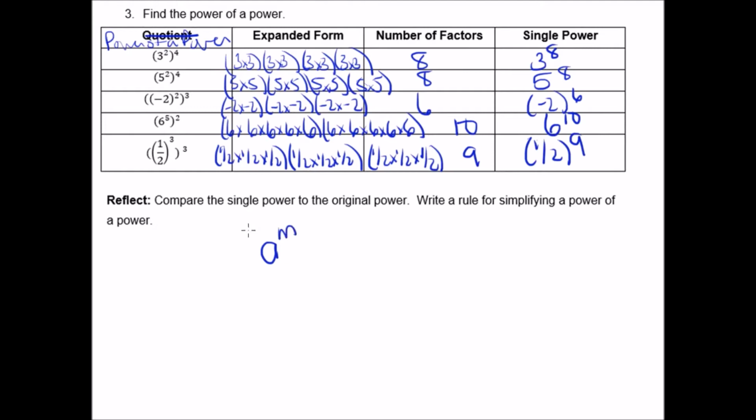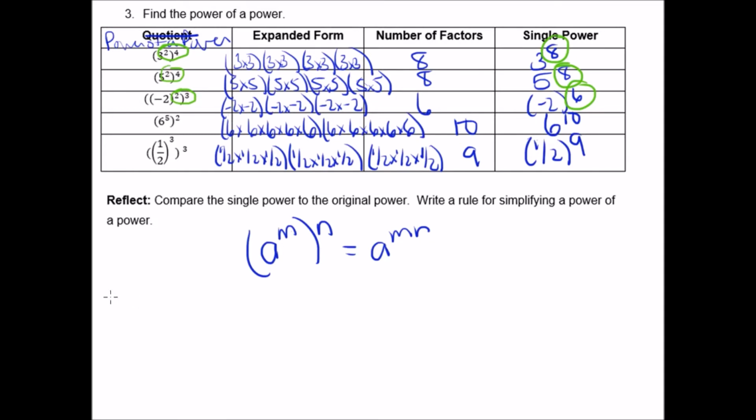Okay, so when we have a base to the exponent m, and that's to the exponent n, what we're actually doing is we're multiplying the exponents. So 2 and 4 is here. Well, 2 times 4 is 8. 2 and 4 is here. 2 times 4 is 8. 2 and 3 is here. 2 times 3 is 6, and so on. Okay?